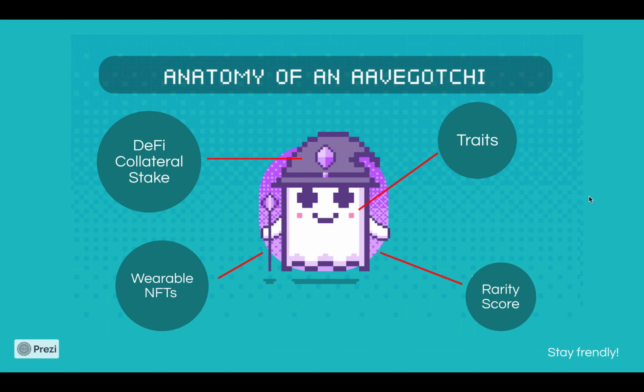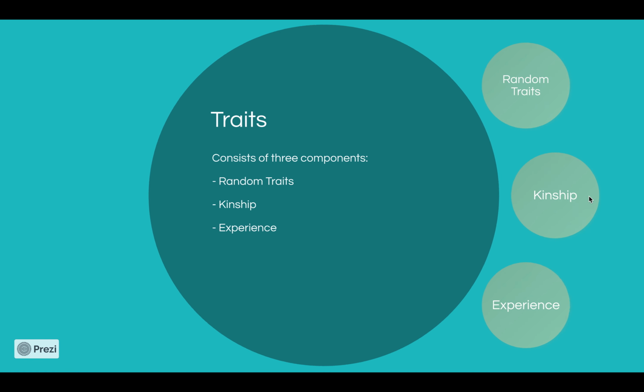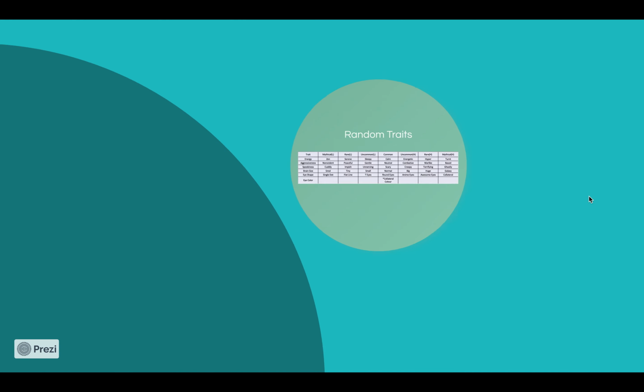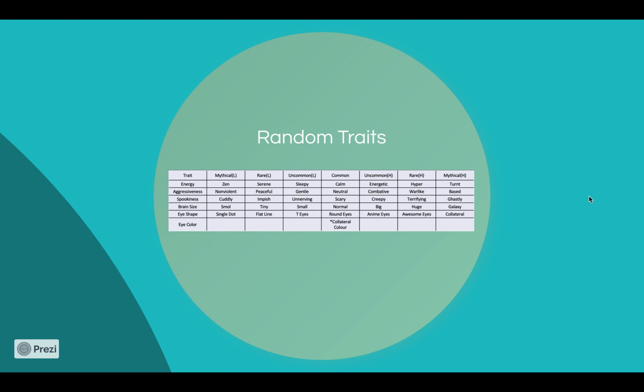Next, we're going to look at the different traits. Traits consist of 3 components: random traits, kinship, as well as experience. Let's have a look at random traits first. Random traits are really just a set of random traits that every Aavegotchi gets when they come through the portal. You can see on the left side here that includes energy, aggressiveness, spookiness, brain size, eye shape, and eye color.